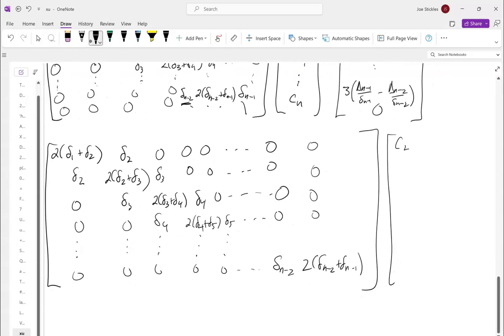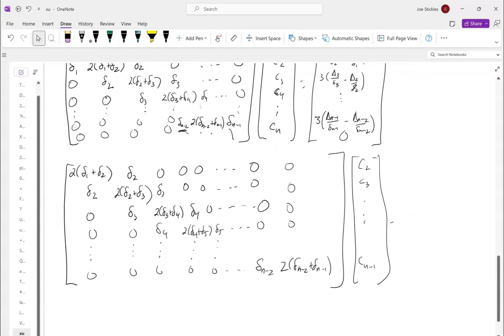I would have C2, C3 to Cn-1 here, right? And then I would still have my constants on the right-hand side. The 3 delta2 over little delta2 minus delta1 over little delta1.